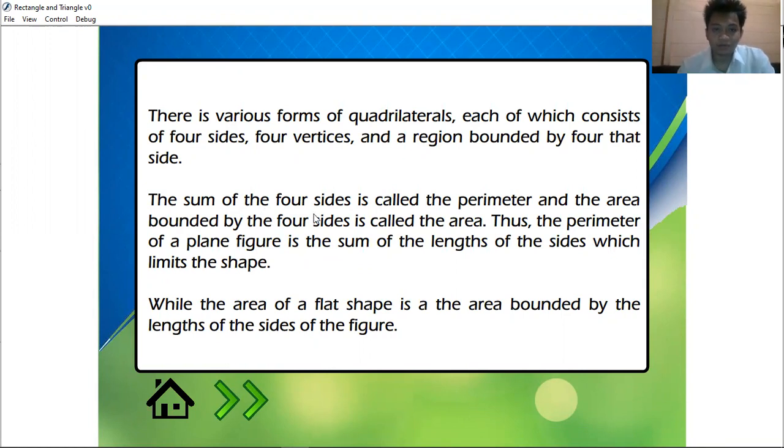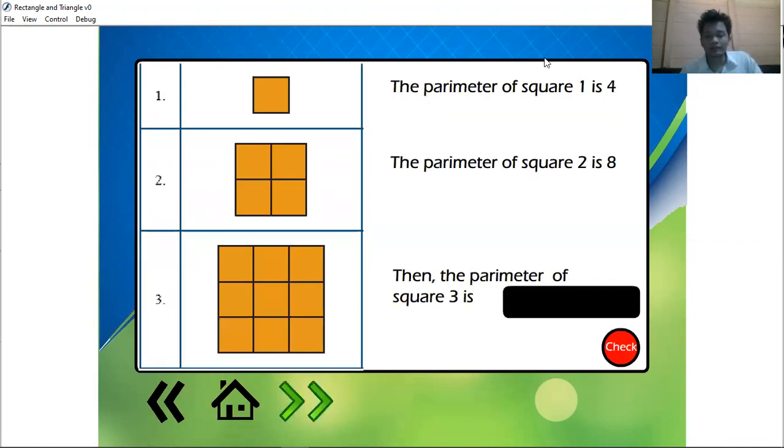The sum of the four sides is called the perimeter, and the area bound by the four sides is called the area. Thus, the perimeter of a plane figure is the sum of the lengths of the sides which limit the shape, while the area of a flat shape is the area bound by the sides of the figure. Next, the perimeter of square 1 is 4.